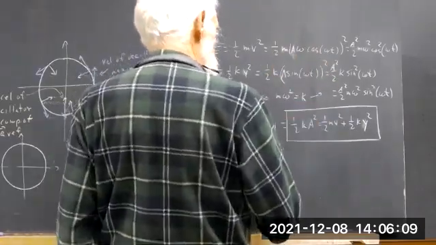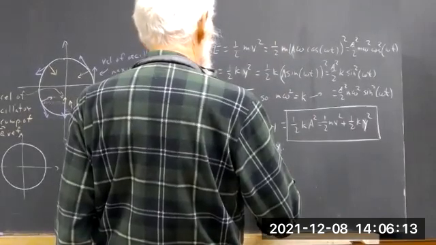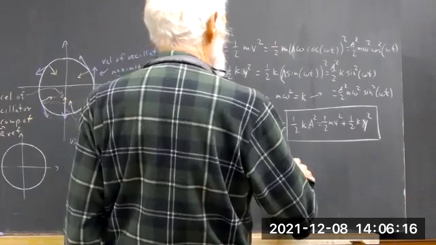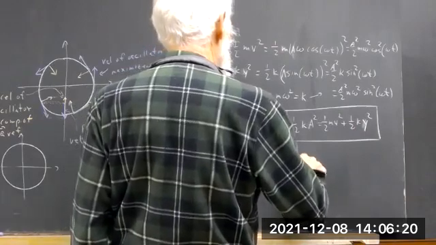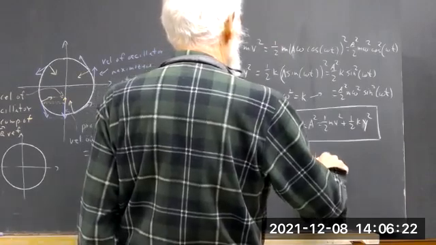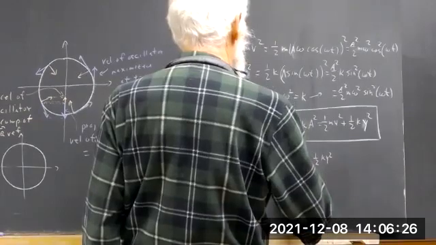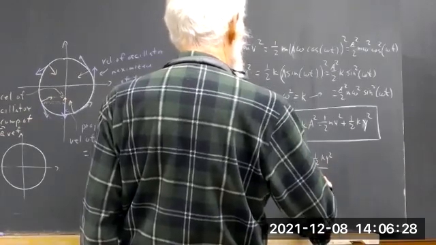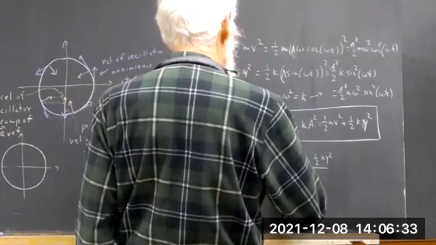So v squared is going to be 1/2 ka squared minus 1/2 ky squared, divided by m and multiplied by 2.